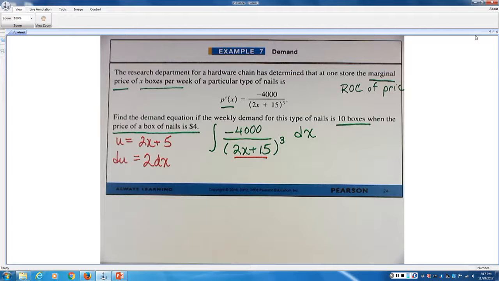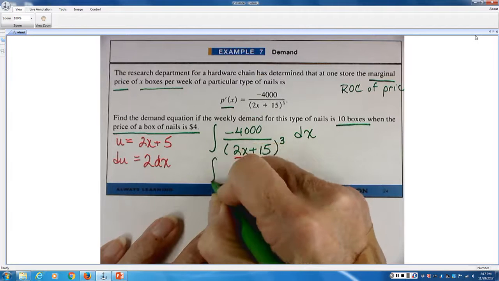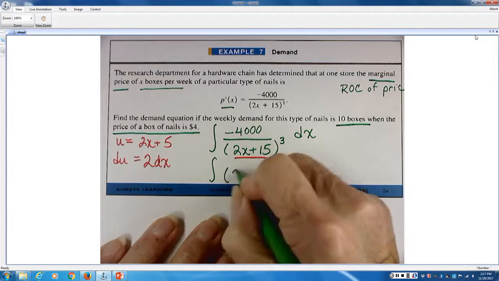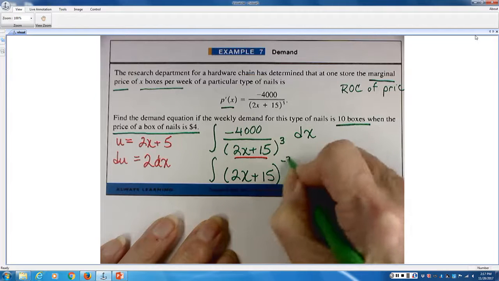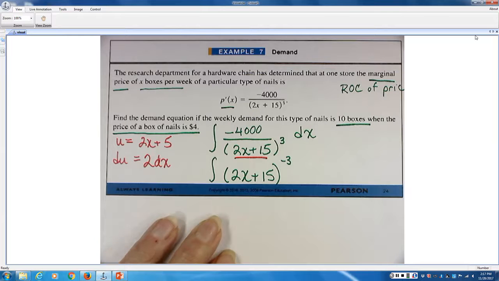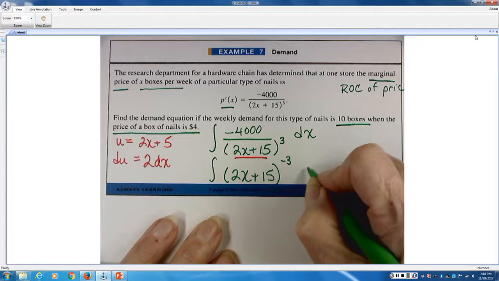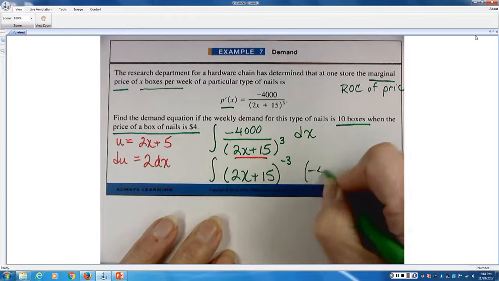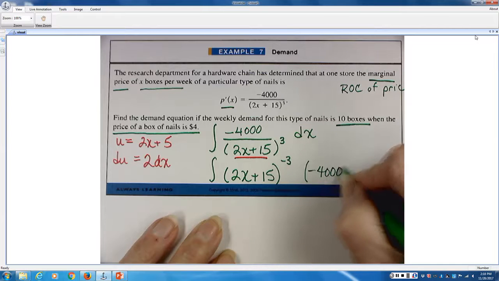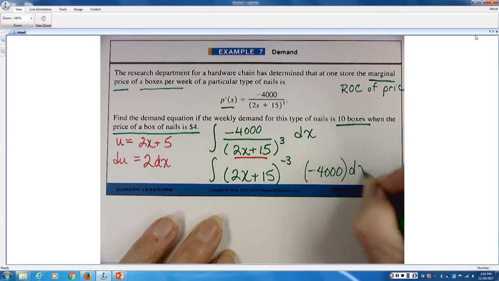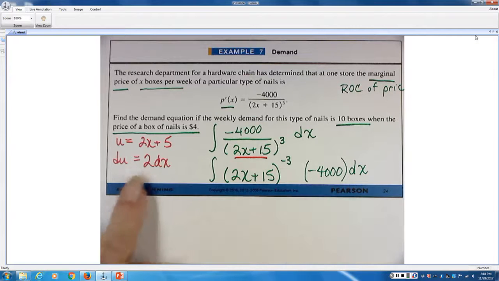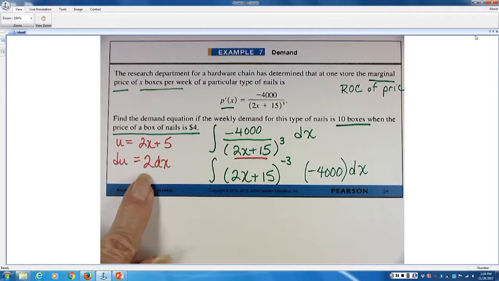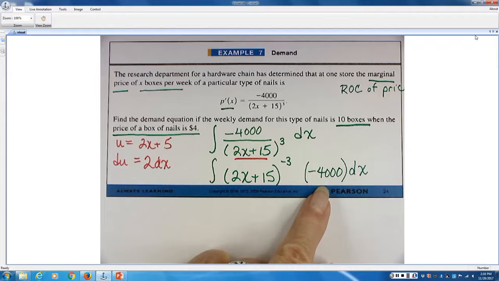Now what we in fact have, and I'm going to separate this out a little bit, going to turn that into a power expression. What we actually have is negative 4,000 dx, so we only need 2 dx. We've got way too much.